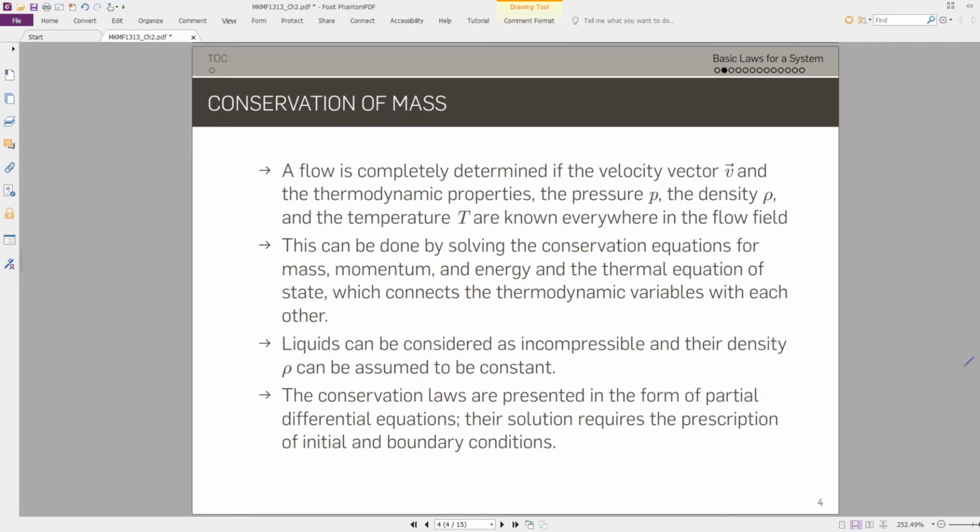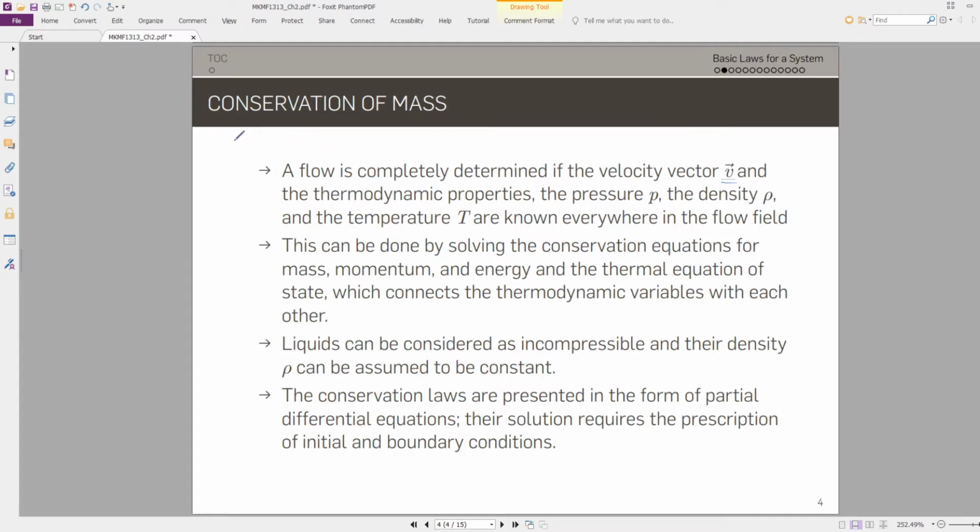So to start, we first look at the conservation of mass, known as the continuity equation. It is mentioned here that a flow is completely determined if the velocity vector V is known.